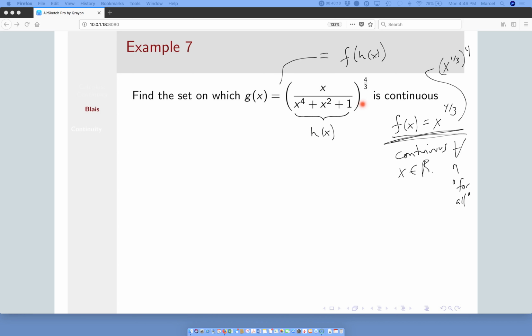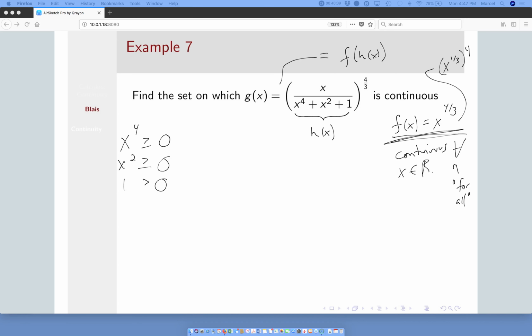So for this overall function, g, this composition of the two, to be discontinuous, the problem would have to come from what's inside. And when we look inside, two natural things to think of is square roots of negative numbers that we have to avoid, or division by 0. But note that the denominator, note the terms, x to the 4th, that's always greater than or equal to 0. Second term, x squared, always greater than or equal to 0.